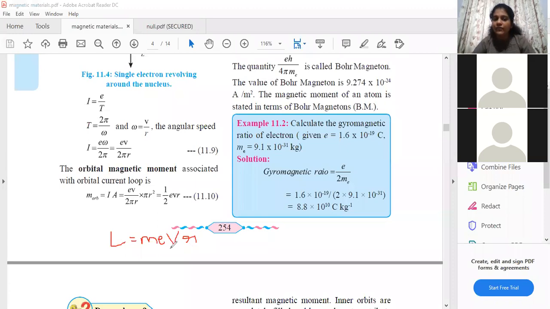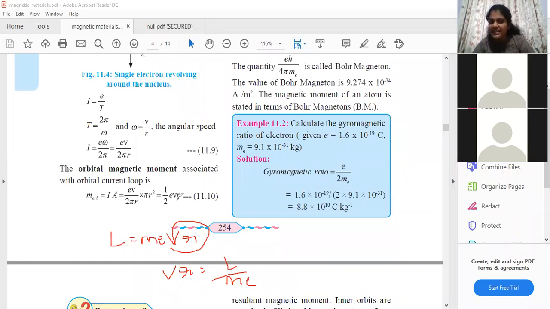Now, if I keep vr on one side, I will have L upon m_e. Students, you all can note this down because this is our alternate method. In your textbook, they have done it a little differently, but it doesn't matter. You all can write any one. So in this formula, I have kept vr on one side, and if I take this m_e in the downward direction, I'll have L upon m_e.